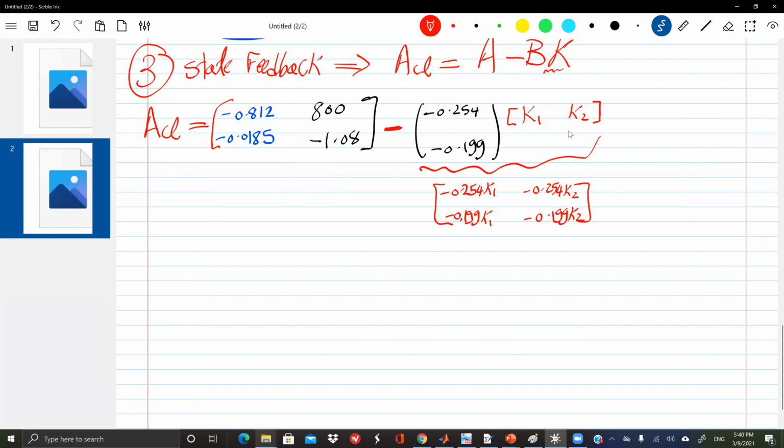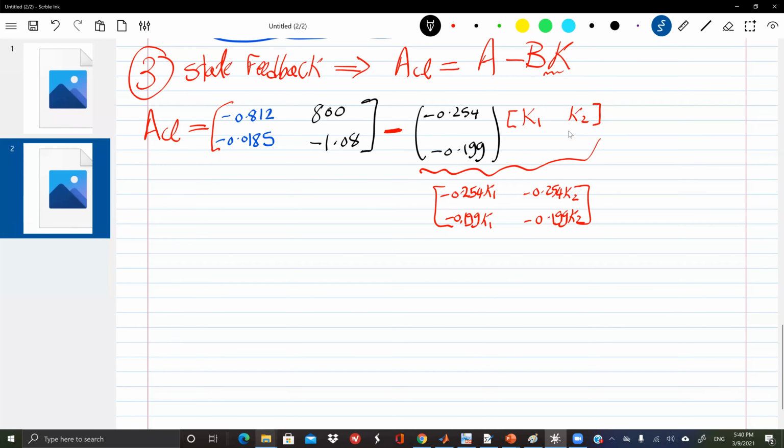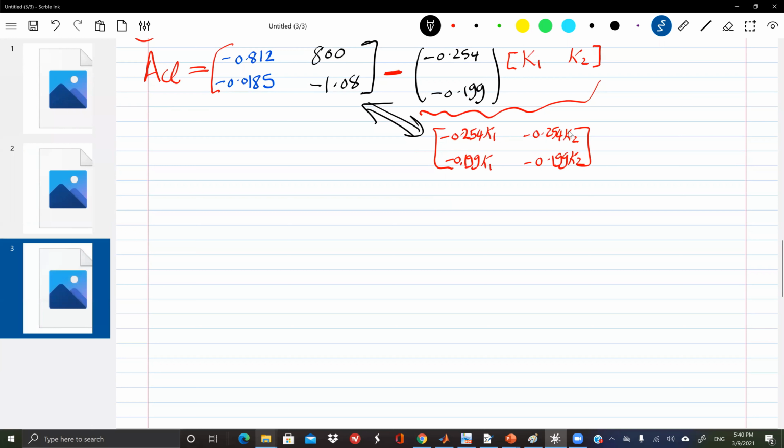Now we simply subtract this matrix, the BK that we just got, from the previous A, term by term. So we get the closed loop to be, this is plus 0.254 K1.